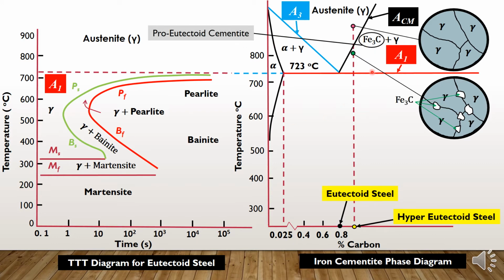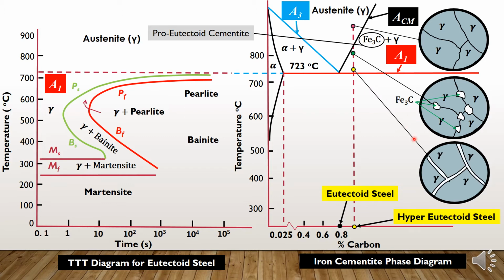Because this phase has been precipitated out before the start of the eutectoid reaction, that is why we call it pro-eutectoid cementite. Just above the eutectoid temperature line, but still in the cementite plus gamma region, the fraction of pro-eutectoid cementite phase will increase to such an extent that it will form a complete network of pro-eutectoid cementite phase along the grain boundary.